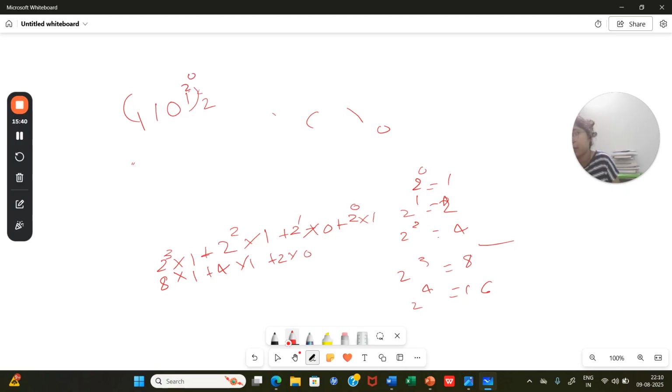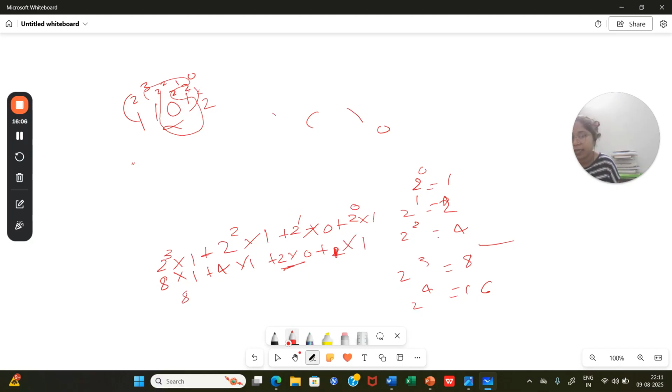This is 2 power 0, 2 power 1, 2 power 2, 2 power 3. No need to calculate for this 2 power 0 term. If the value is 0, you can directly ignore it. So look here: plus 2 power 0 is 1, 1 into 1.